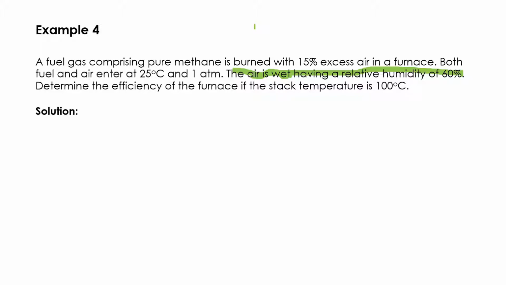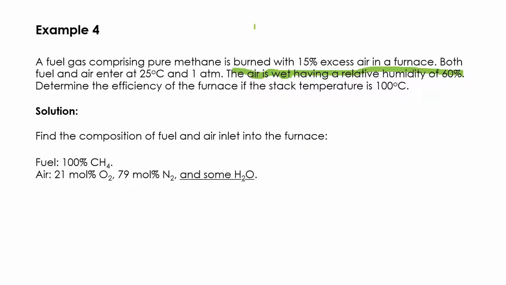So for the first step of the solution, we look at the composition of the fuel and the air inlet to the furnace. The fuel is very clear, it is 100% methane. For dry air, we can simplify it as 21 mole percent oxygen and 79 percent nitrogen.